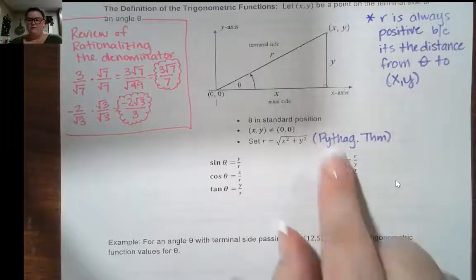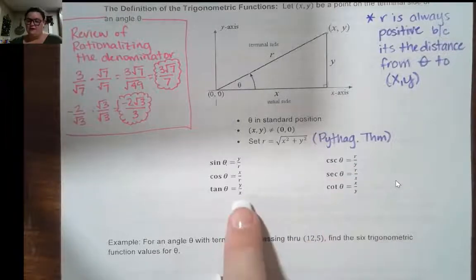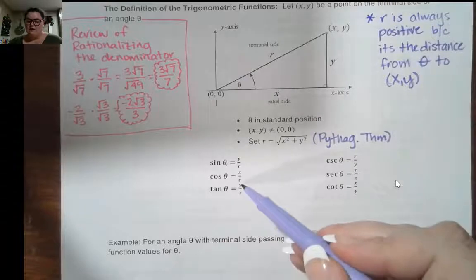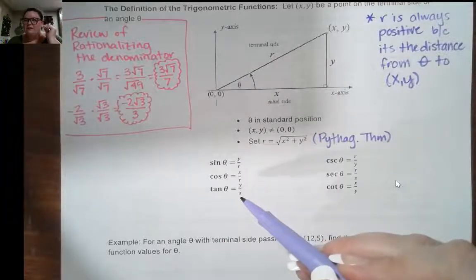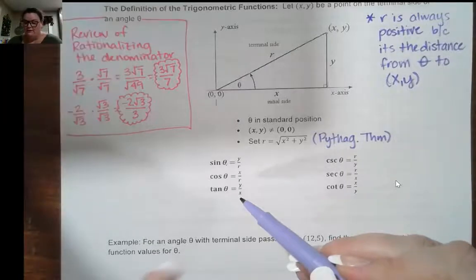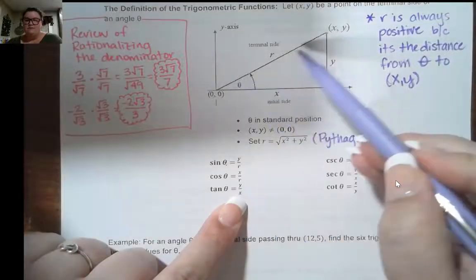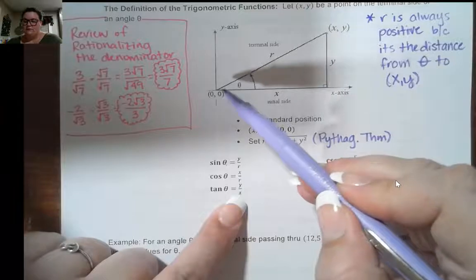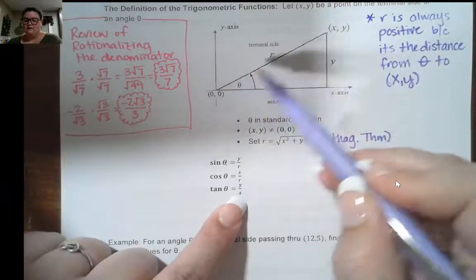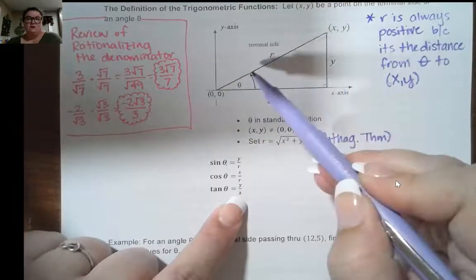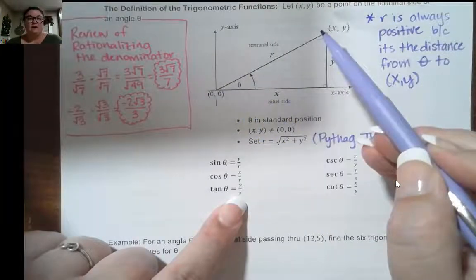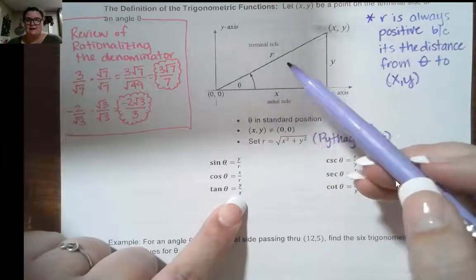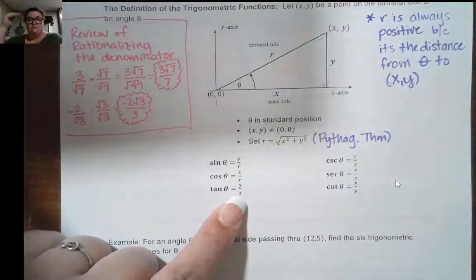Okay, now before I go on to talk about these, I just want to point out something. Anytime we see our y over our x, that should maybe just remotely remind us of slope, right? If I wanted to find the slope of this line, if this terminal side line was just a regular linear line going from 0, 0 out to whatever point, and I wanted to find the equation that represented that, I would need to know its rise over its run, right?